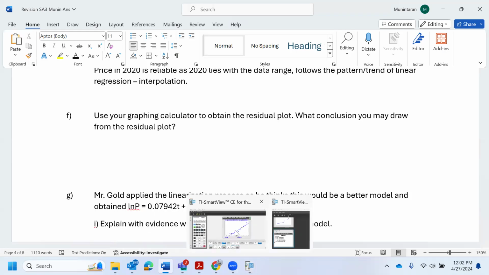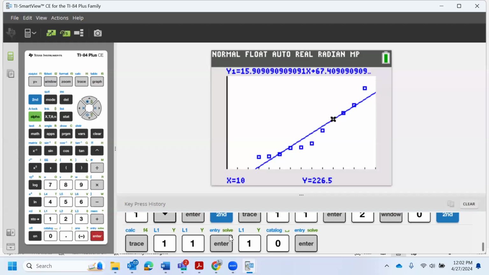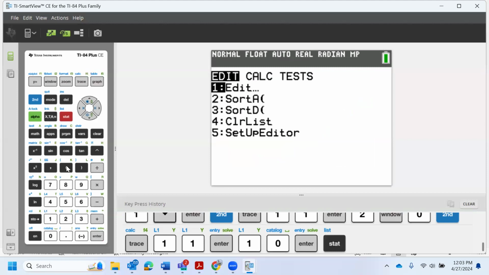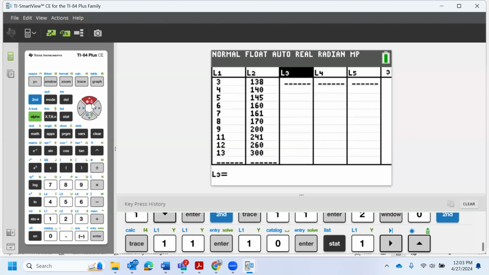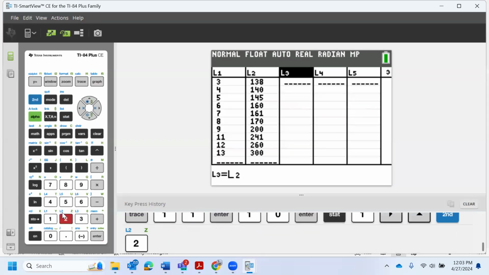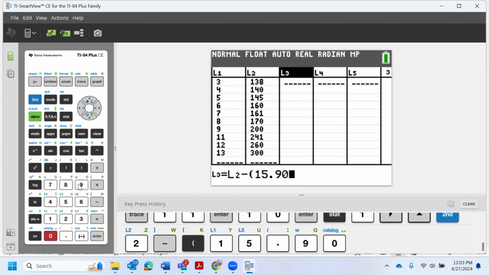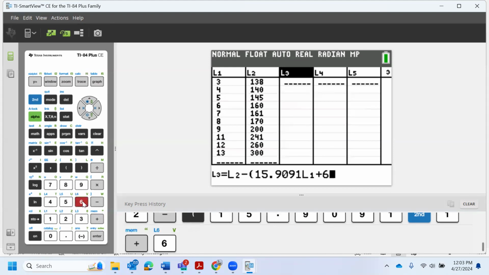So you go to L2, stat, edit, go to L3. You key in your actual value L2 minus your residual value, open bracket, key in the equation: 15.9091 X, or in this case T, which is your independent L1, plus 67.0.4091.